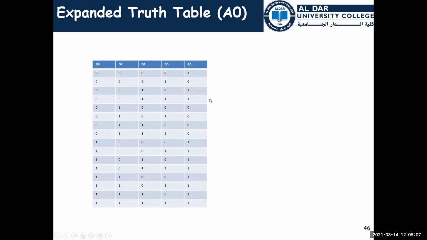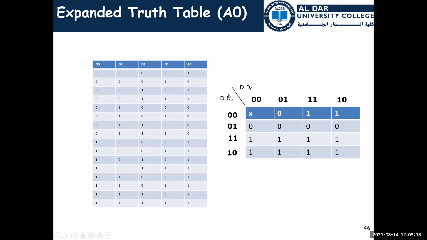So it's correct. For all the entries here in the table, we have to make the Karnaugh map. We have D3, D2, D1, D0, and the output A0 will be represented here.